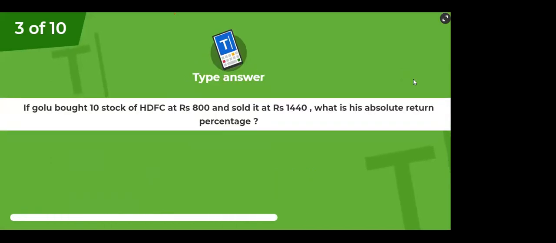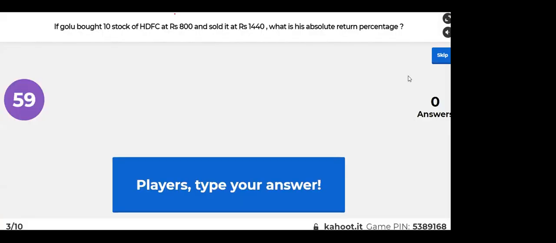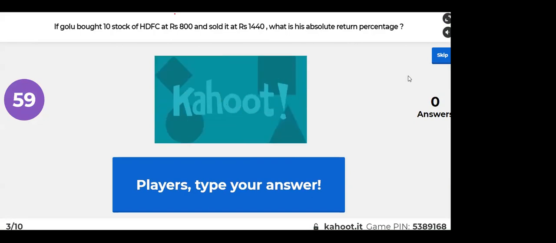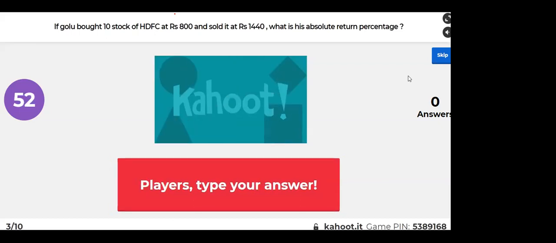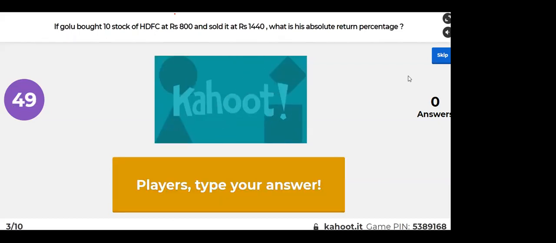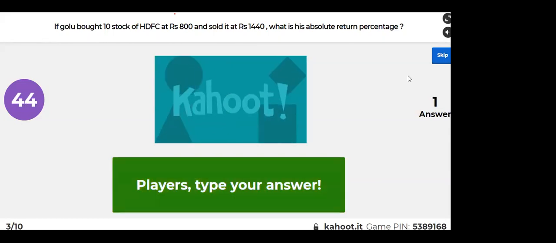Okay, this one. If Golu bought 10 stocks of HDFC at 800 and sold them at 1,440 rupees, what is his absolute return percentage? Just write the number, do not write percent, like 40, 50, like that.